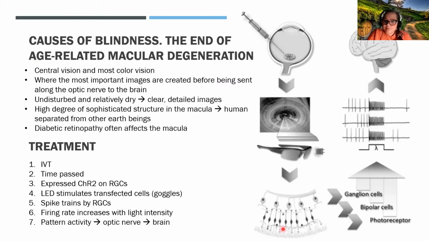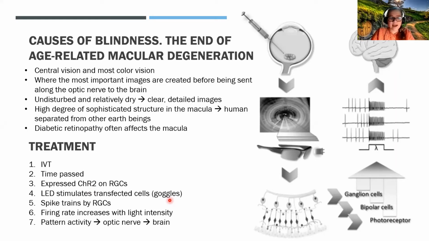Now, about the treatment of this disease, including optogenetics, is intravitreal injection of the virus with the vector of channelrhodopsin 2 that is then expressed on retinal ganglion cells after some time has passed after the injection. Then we take an LED lamp and stimulate transfected cells.